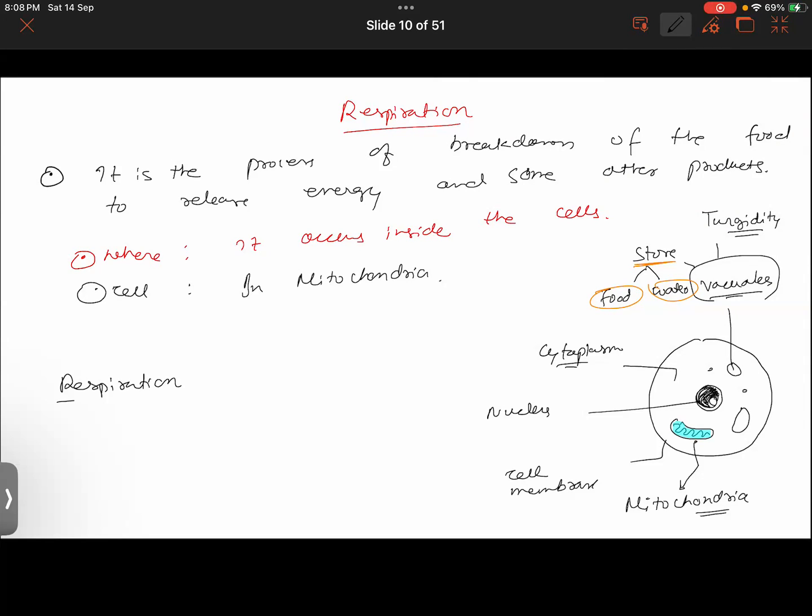That is called aerobic respiration. Another one where oxygen will not be required is called anaerobic respiration. So hope that much should be clear.